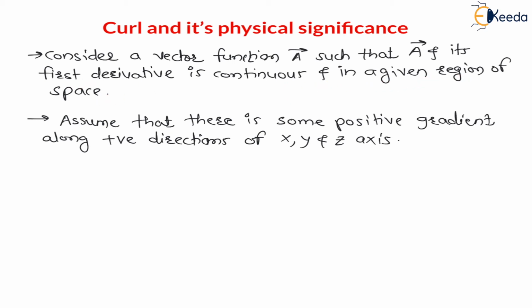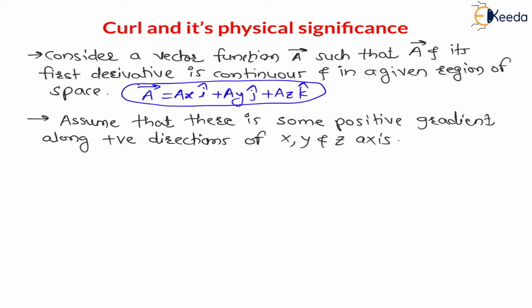In the given vector field, I am considering that vector a is equal to ax i plus ay j plus az k. This vector is continuous and its first derivative is also continuous.